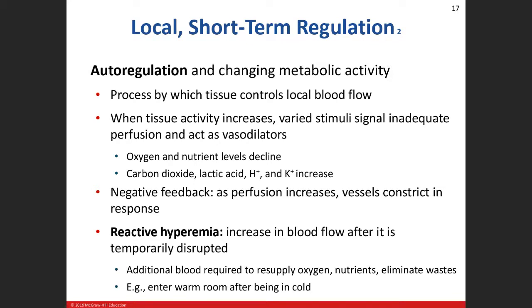The reason is this reactive hyperemia: my local blood flow to my cutaneous structures increased significantly. What had happened was my oxygen and nutrient levels had decreased so much, but when I got into a warm environment, vasodilation occurs, more blood flow to your skin, and that flushes out the system.